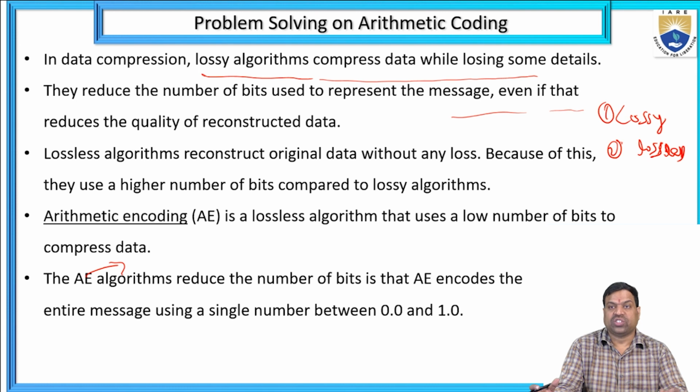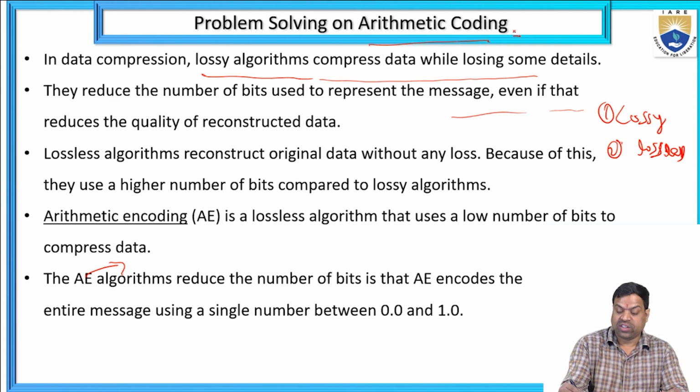A lossless algorithm reconstructs the original data without any loss. So file size is reduced but the data is not lost. But in lossy, file size is reduced very much, but maybe the data will be lost. Arithmetic encoding is a lossless algorithm.